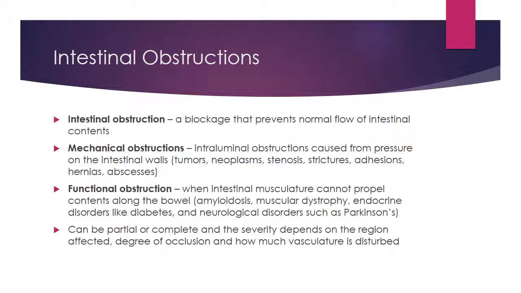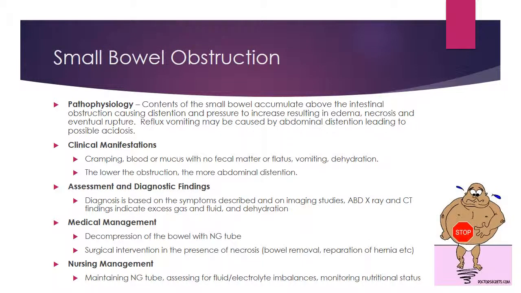Can be partial or complete, and the severity actually depends on the region affected, degree of the occlusion, and how much vasculature is disturbed. Small bowel obstruction is when the contents of the small bowel accumulate above the intestinal obstruction, causing distension and pressure, which increases, resulting in edema, necrosis, and eventual rupture.